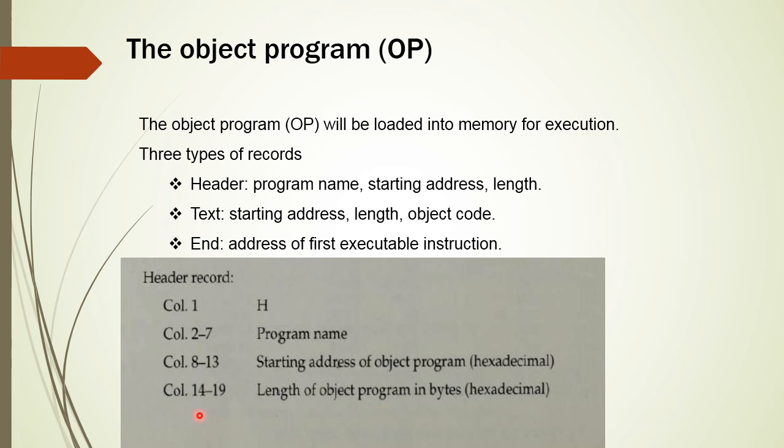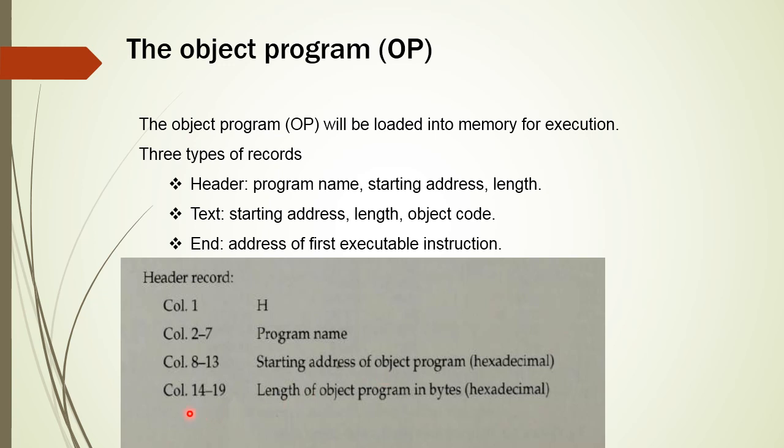Therefore there are 4 fields with respect to a header record. Column number 1 indicates H, which indicates the start of the header record. Columns 2 to 7, a total of 6 columns, are for the program name. Columns 8 to 13, 6 columns, are for the starting address of the object program, which in our case is 1000.